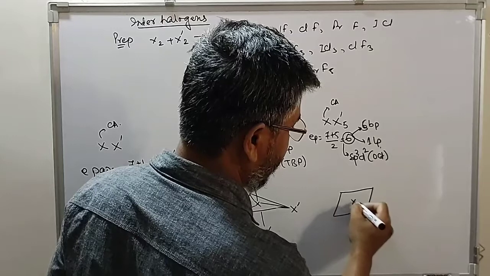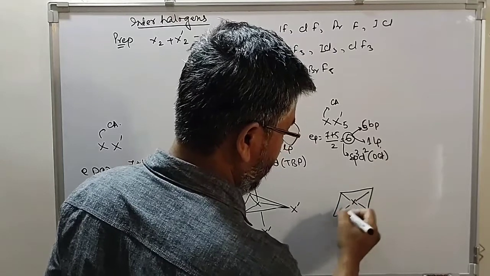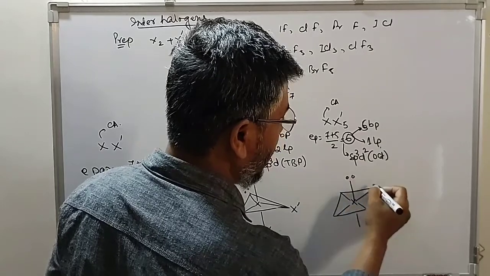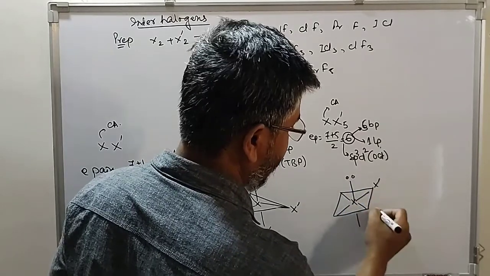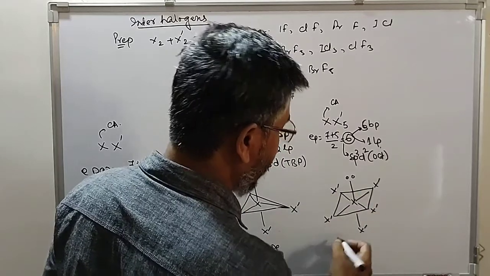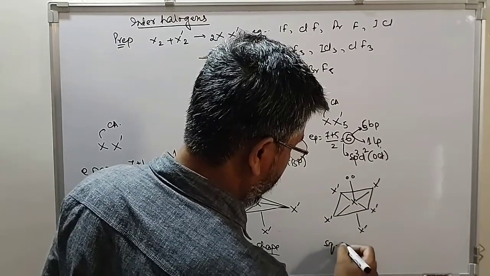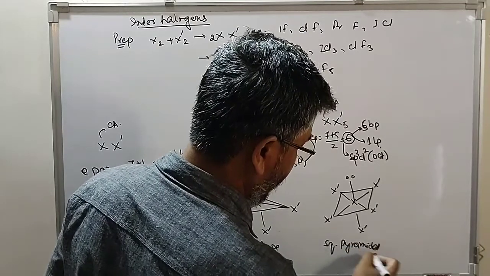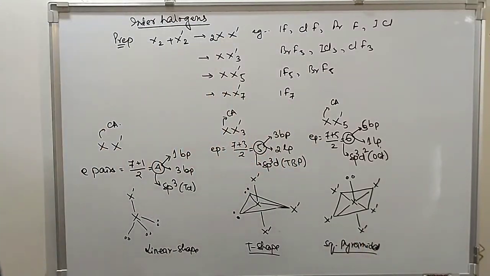One position is occupied by the lone pair, the remaining are occupied by X prime. So this structure is known as square pyramidal.